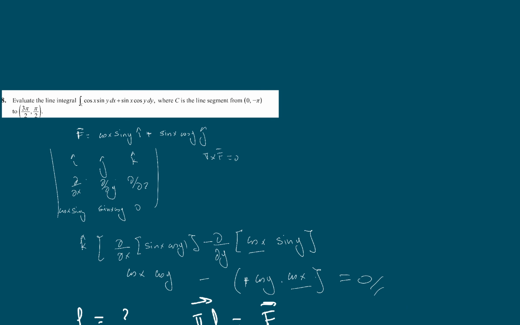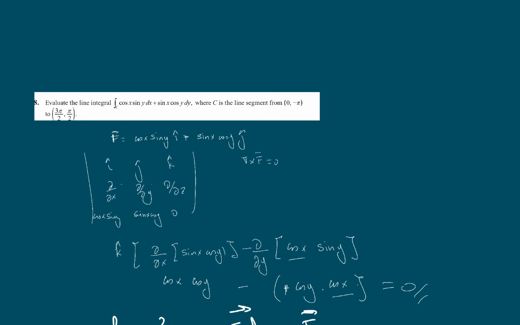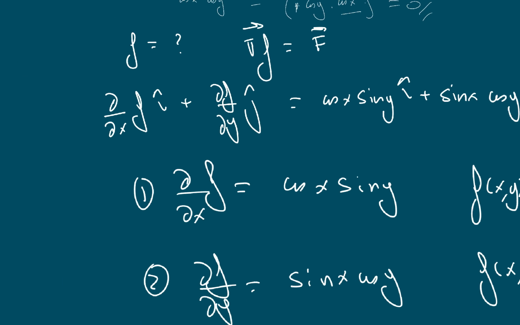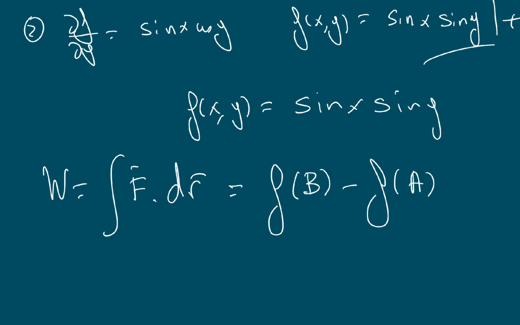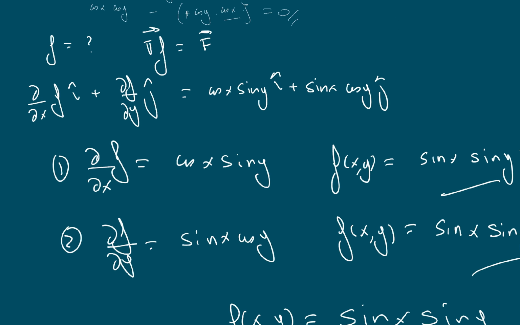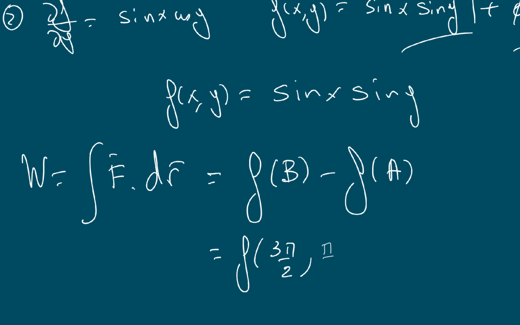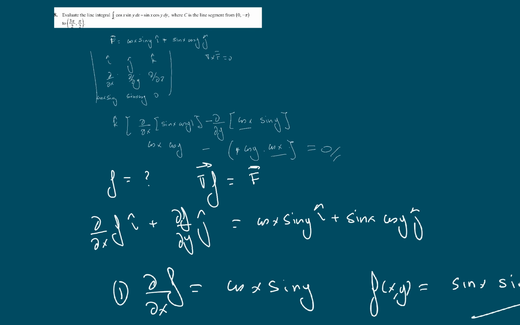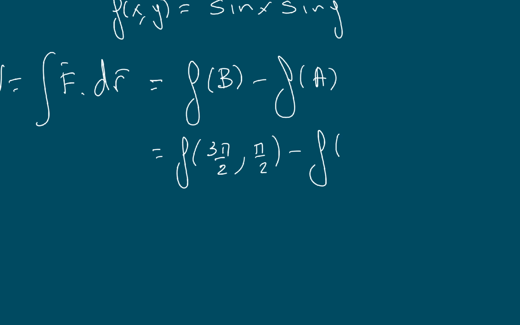The point b is 0, minus pi and 3 pi over 2, 3 pi. 3 pi, 0, minus pi and 3 pi over 2, pi over 2, minus f of 0, minus pi.